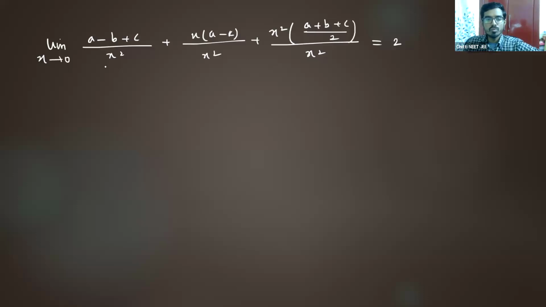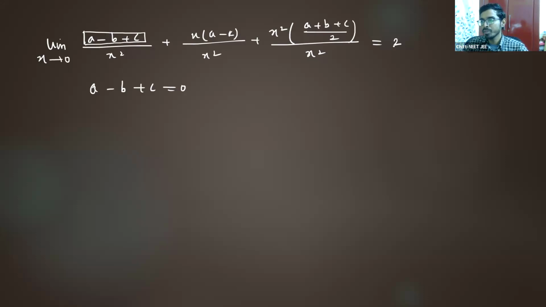Now, what is the conclusion here? A minus b plus c has to be 0. If it is 0 only, it will be a finite limit. If it is non-zero, then non-zero by 0 will tend to infinity.